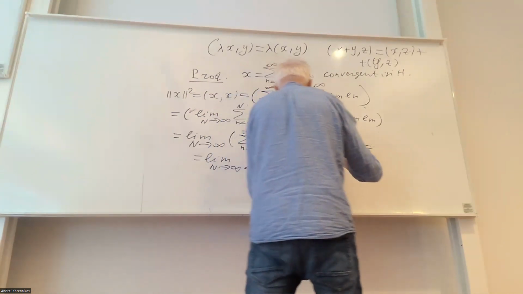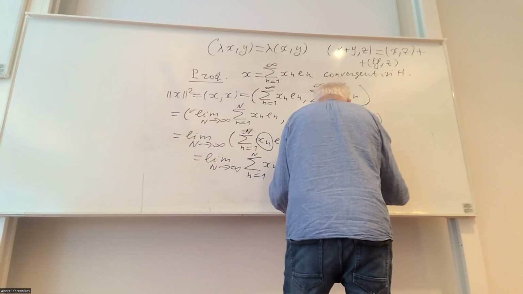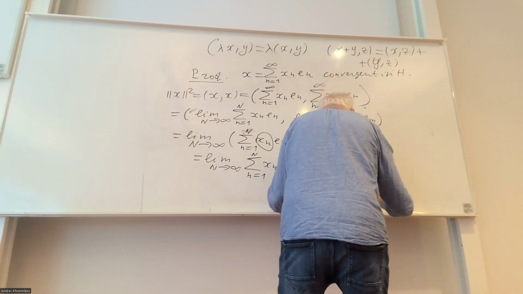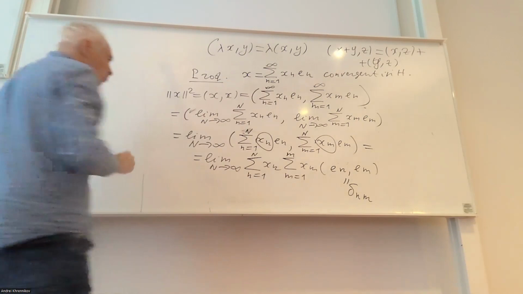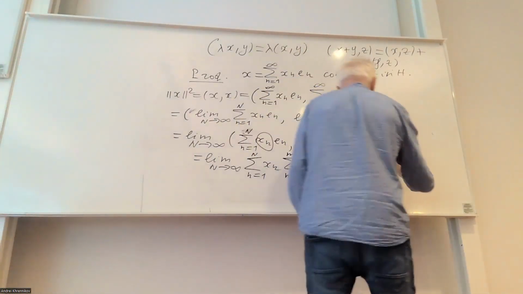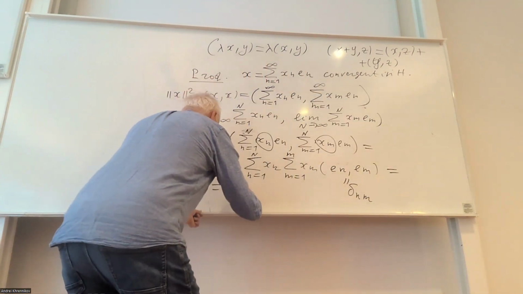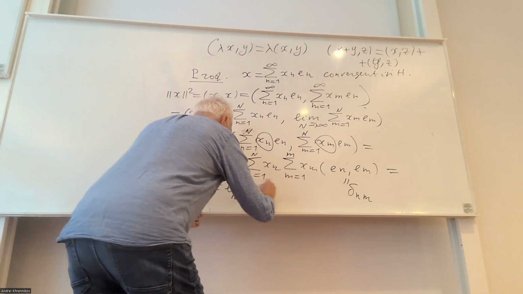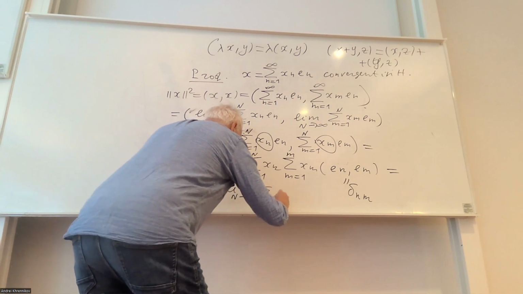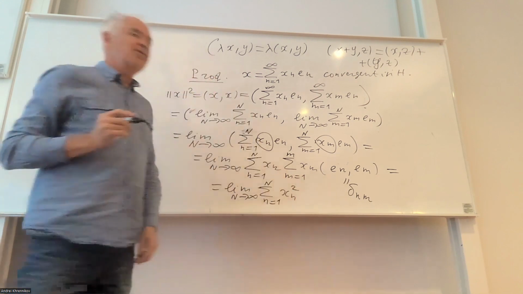And here is what we want. This is En, Em, which is equal to the Kronecker delta symbol delta Nm. So the double sum disappears, and we get this limit as n goes to infinity, the sum n from 1 to n large, xn square.